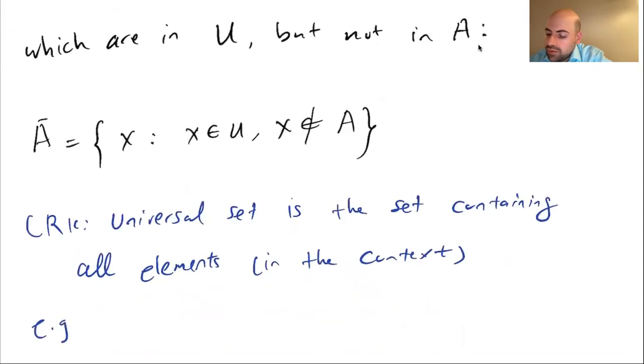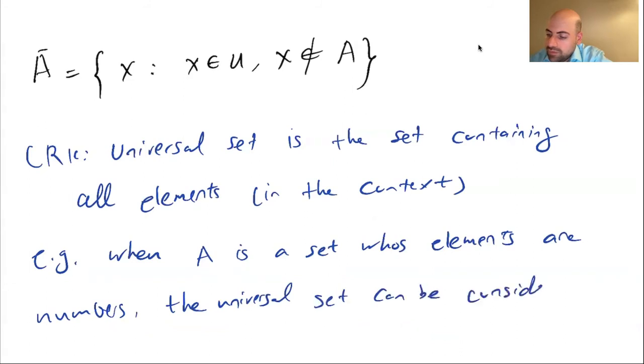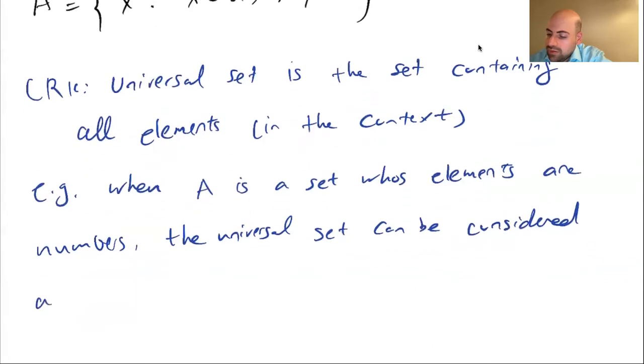For example, when A is a set whose elements are numbers, the universal set can be considered as real numbers.